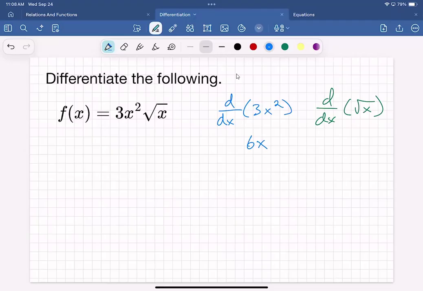Any concerns where that's coming from? Now be careful, the second one, this is where again a rational exponent is going to help us out. So this will be 1/2 x to the negative 1/2. Remember, we were subtracting 1, so 1/2 minus 1 is why we're going to a negative now.